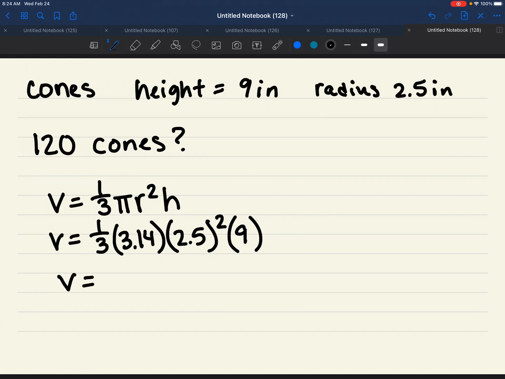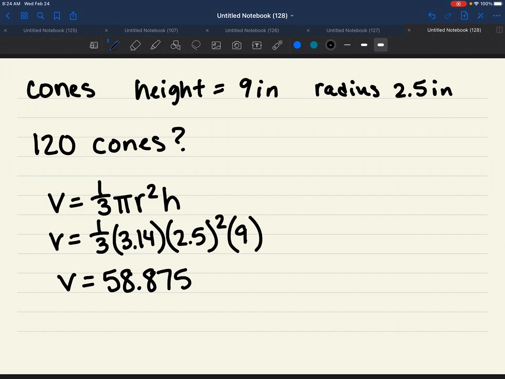Okay. Don't round anything yet. Just tell me exactly what you got. 58.875. Okay. So I just found the volume for how many cones? 1.